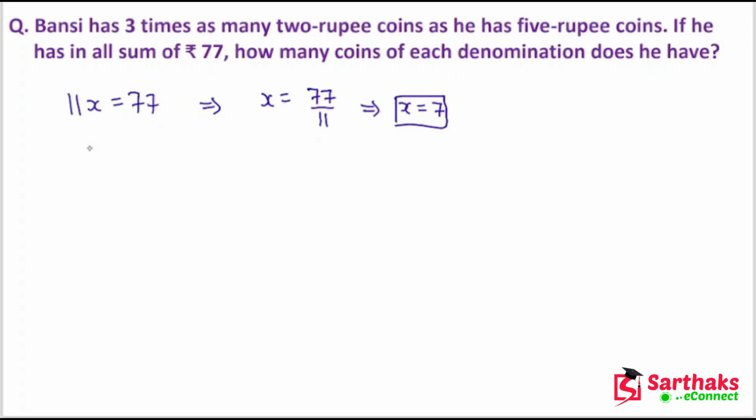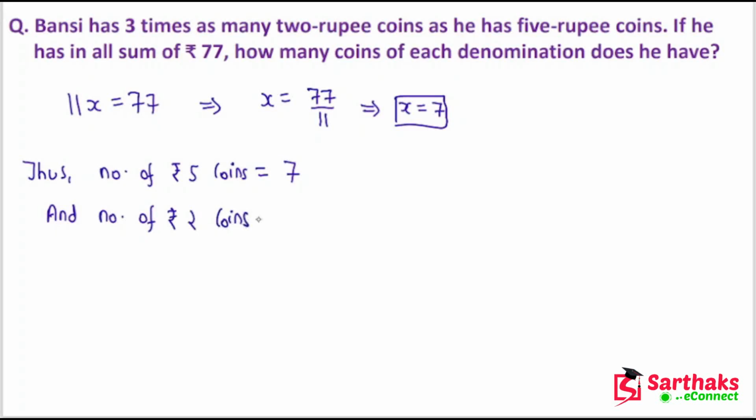So we can write thus, the number of 5 rupee coins is equal to 7 because that was x, and the number of 2 rupee coins is equal to 3x, which is 3 into 7, equal to 21.